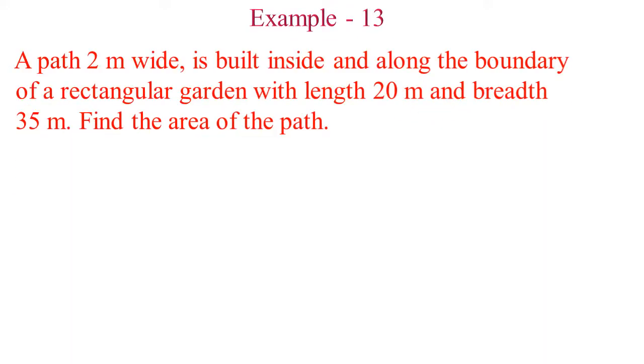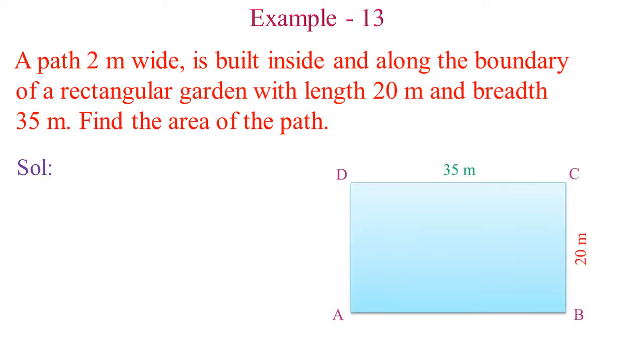Let's see an example problem. Example 13. A path 2 meter wide is built inside along the boundary of a rectangular garden with length 20 meter and breadth 35 meter. Find the area of the path. Let us find the solution.